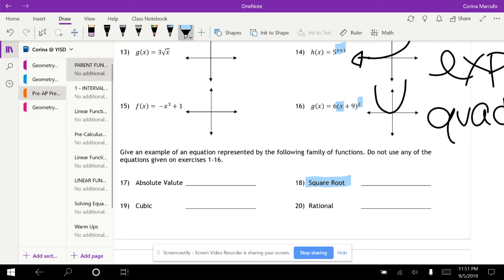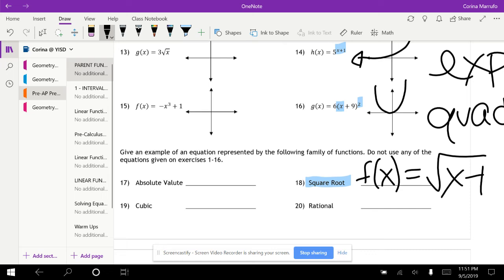So we need to give an example of a square root function. I'm going to put f of x equals the square root, and then we're going to make up numbers. x minus 1, and we put that in the square root. That's an example of a square root function.